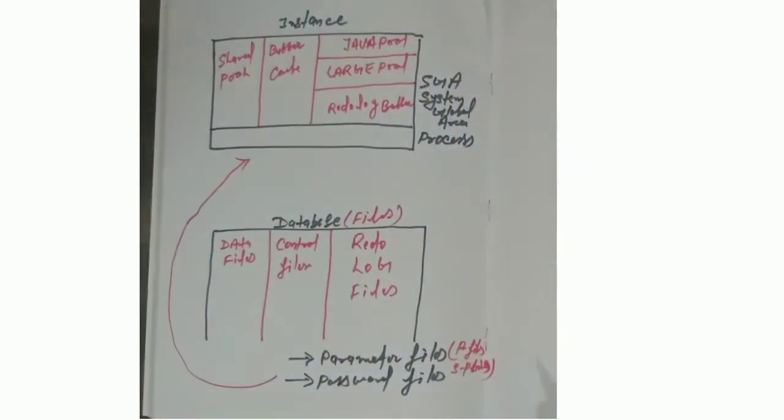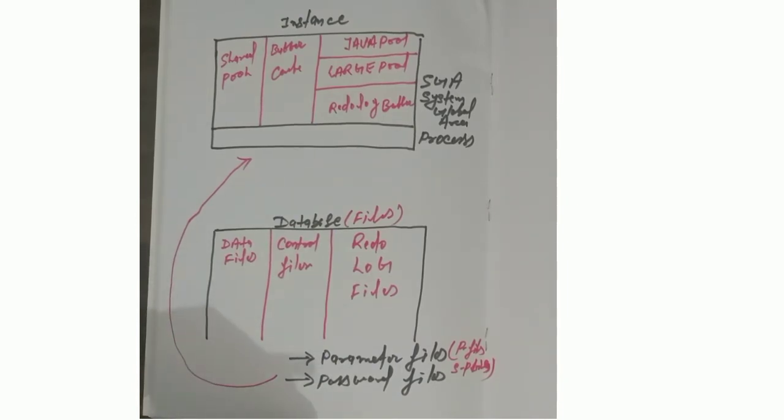So these are the five main components. A couple of other components are also there, but basically these are the five main components.